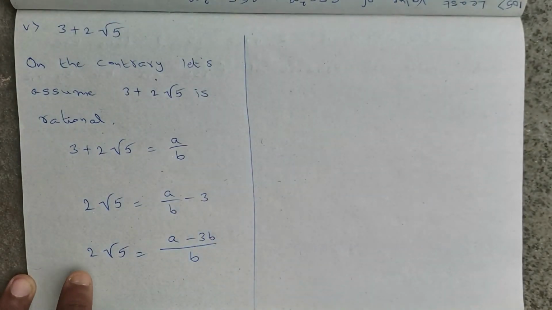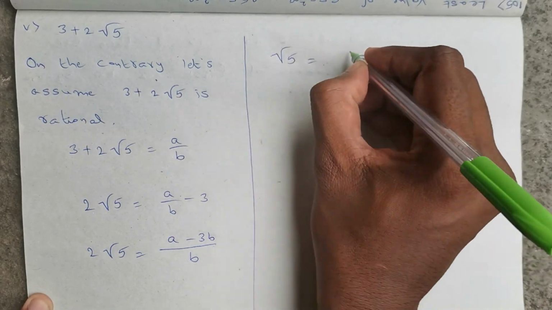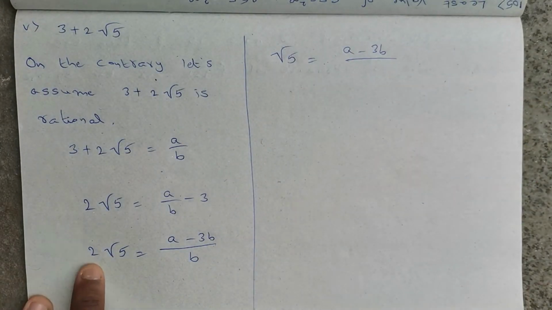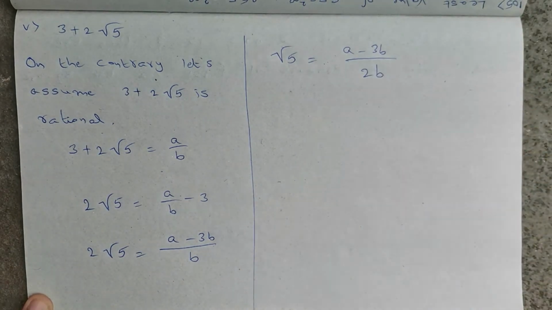Now same way I will take this 2 also to the right side. So root 5 is equal to (a minus 3b) divided by 2b; here 2 is multiplication, if we take it to the other side it becomes division.